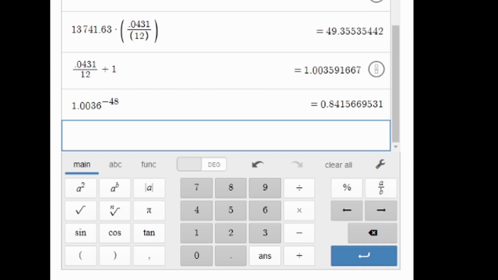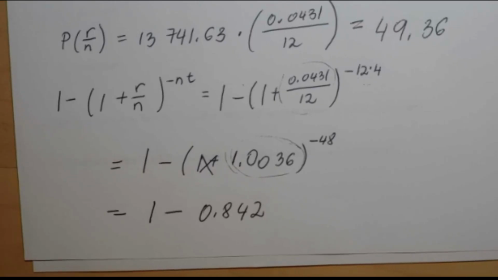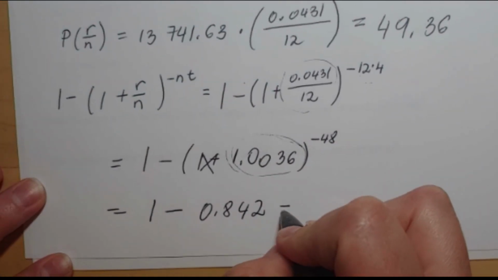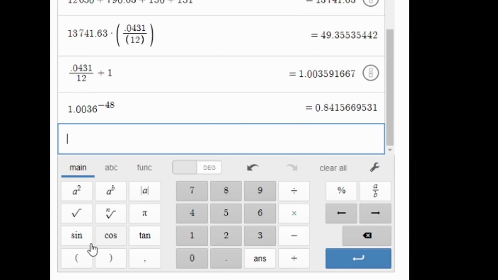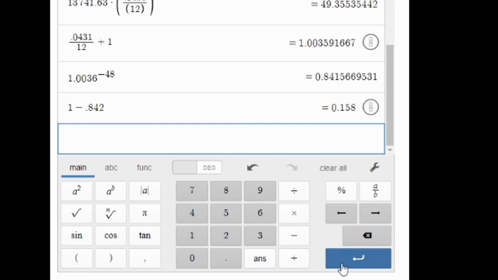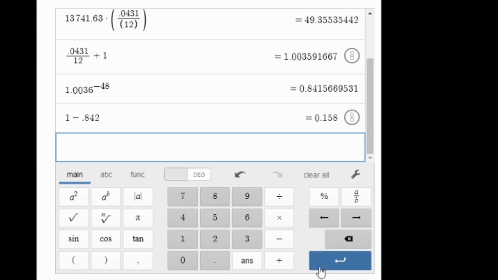Okay, I'll round it a little bit. Okay, now this doesn't look that crazy. And I'm going to put it in my calculator again. I'm going to do 1 minus 0.842. And that turns to be 0.158.